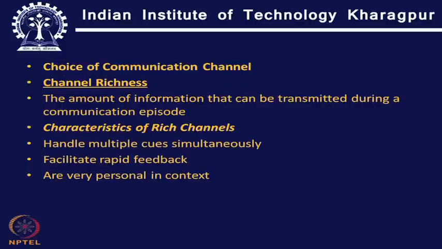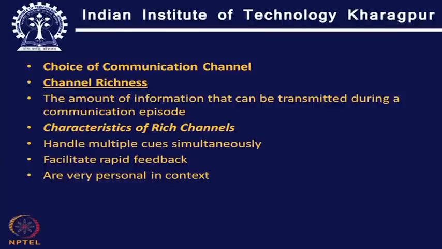When we are choosing a particular communication channel, we are choosing it based on one of the primary characteristics, which is called channel richness. When we are talking of channel richness, we want to see the amount of information that can be transmitted during a communication process.